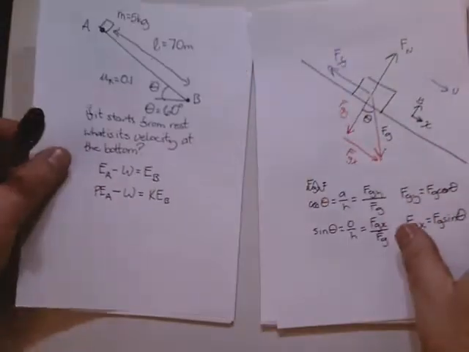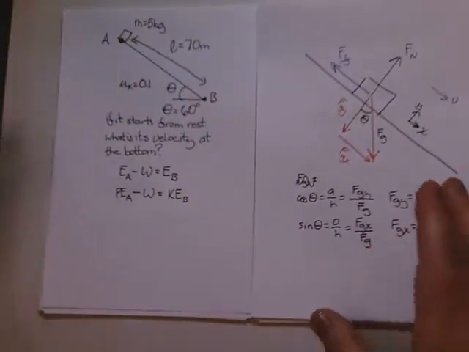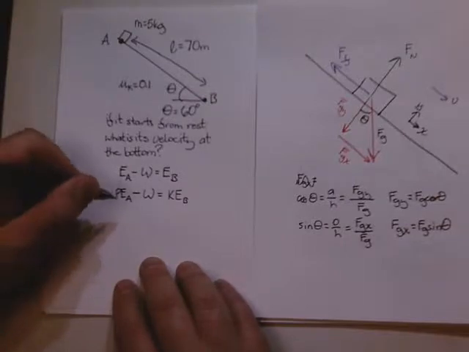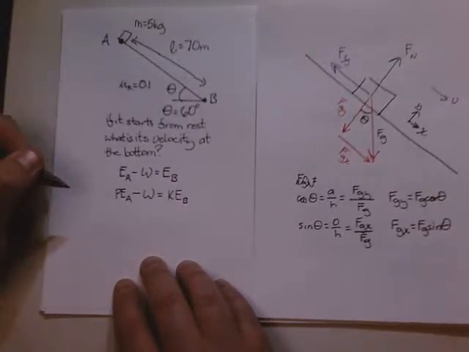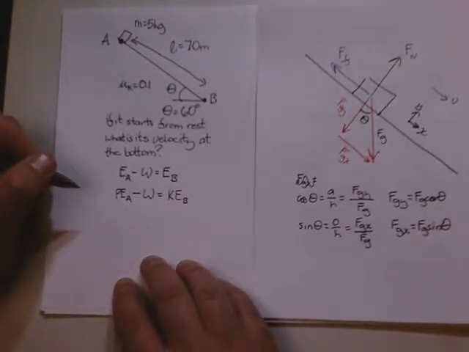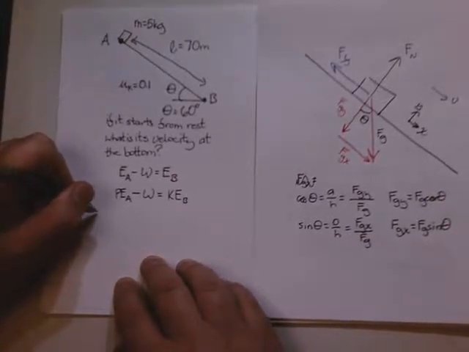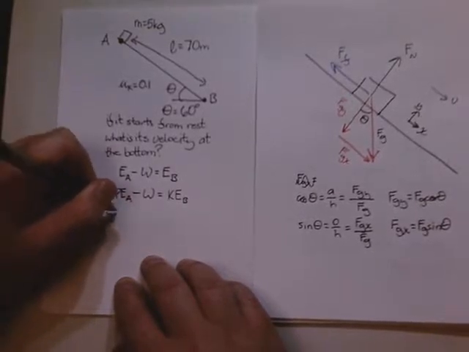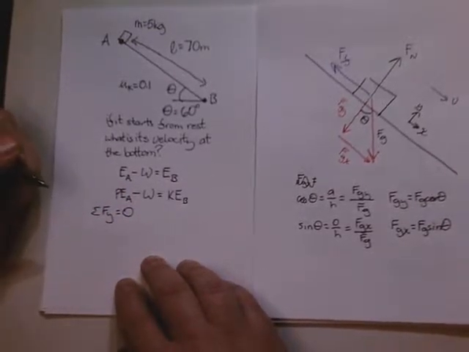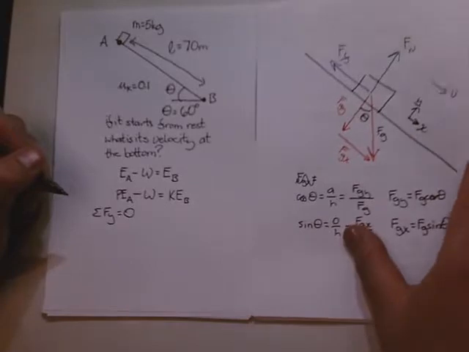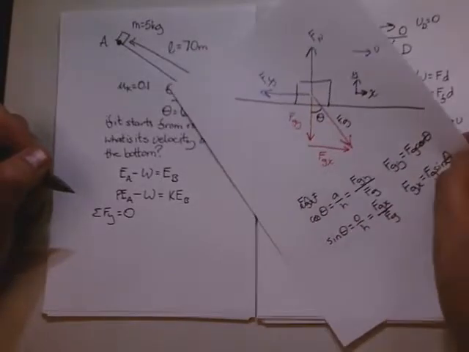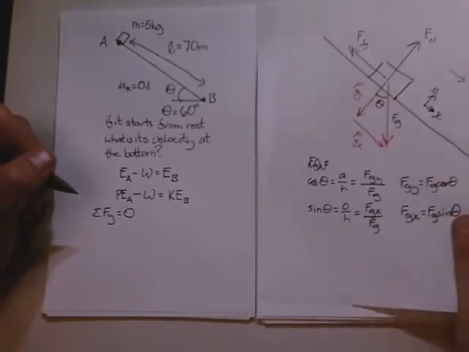Now, why did I go through all this business? Because we first have to get the normal force. The normal force is very useful, and we're going to use it for both situations. The sum of the forces vertically is equal to 0. And when we mean vertically, we mean the rotated y. And how do we know that it's 0?